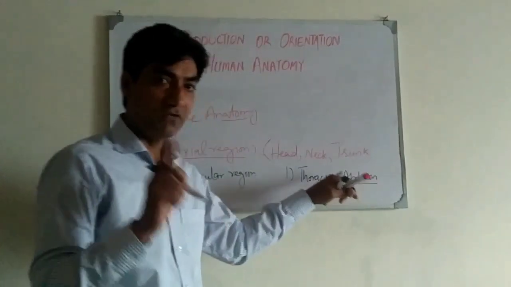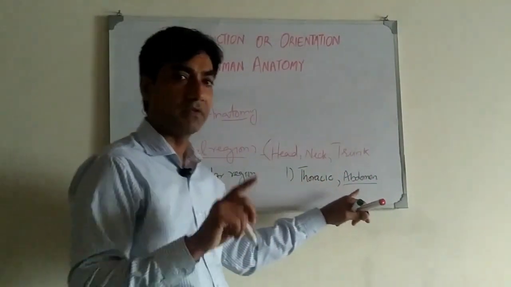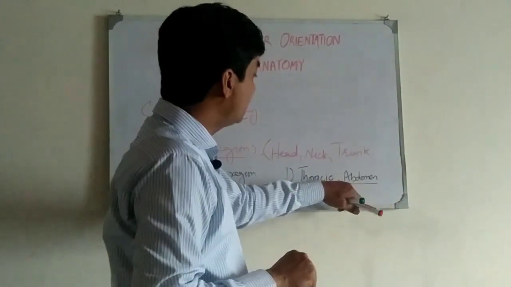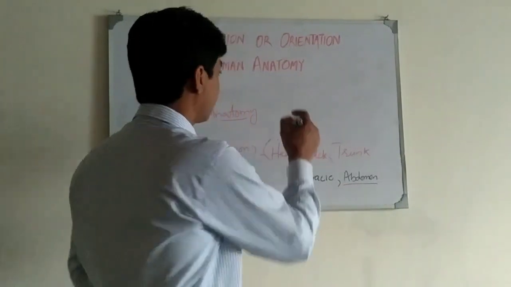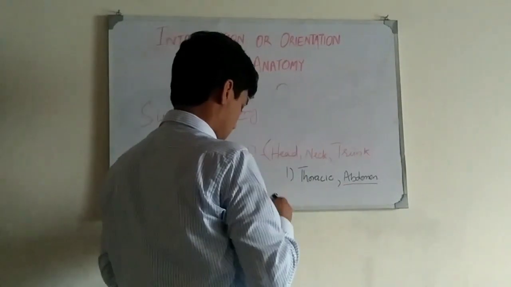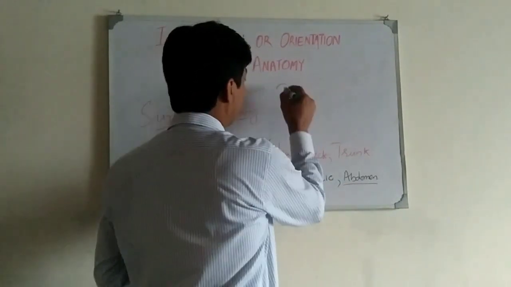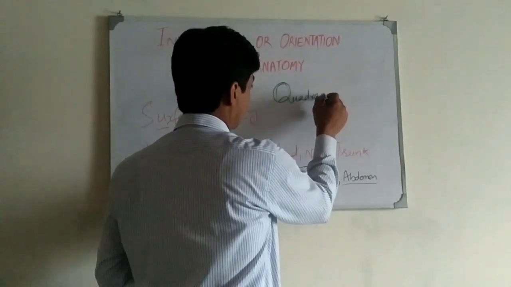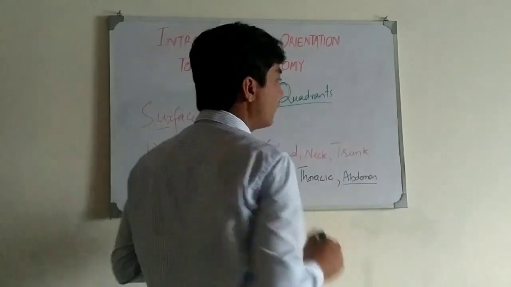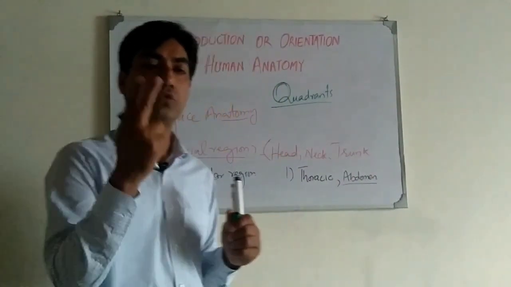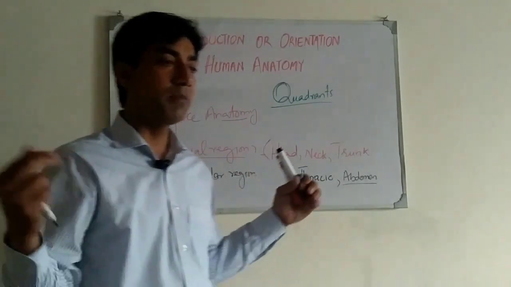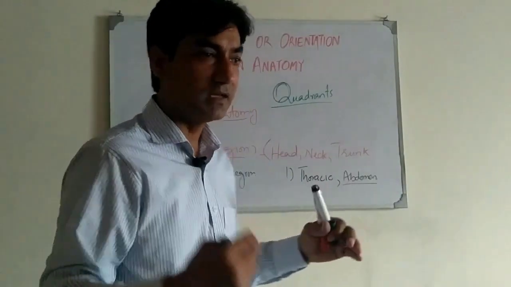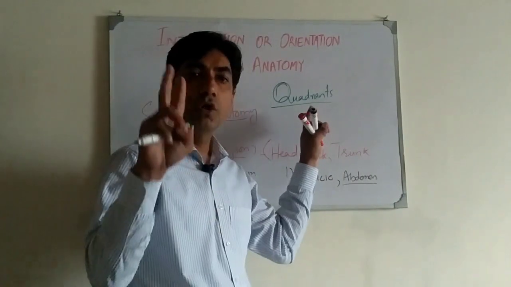The abdomen is further divided into four quadrants for clinical purposes, to assess pain or for any surgical procedure. Quadrant means four parts: two lines are drawn through the umbilicus, intersect each other, and divide the abdomen into four parts.